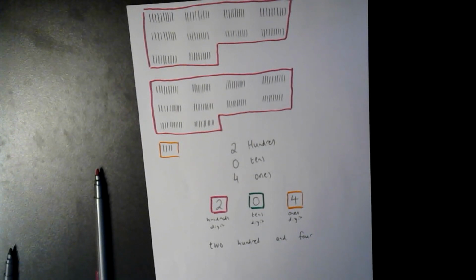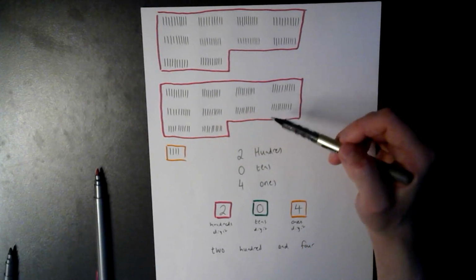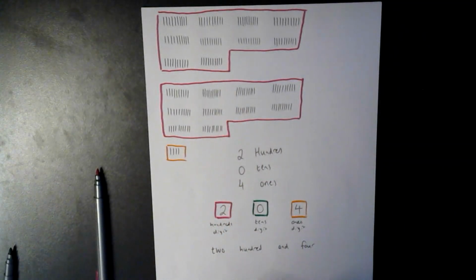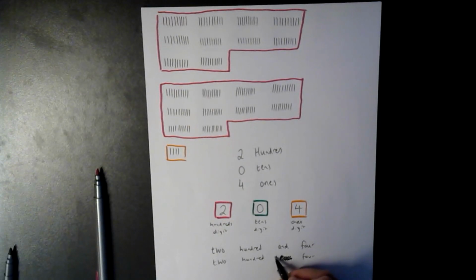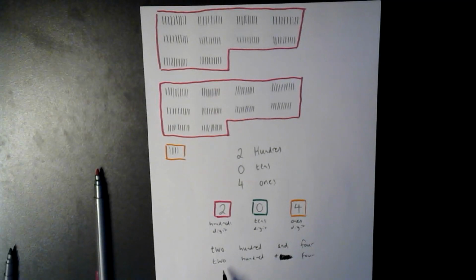Another way we can think about this is to think about it as 200 plus 4, because we have 200s and an extra 4. So it could be 200 plus 4, or I'll do the plus symbol there instead. And if we wanted to be really clever, we could write both of these numbers in place value. So 4 is just written as 4.